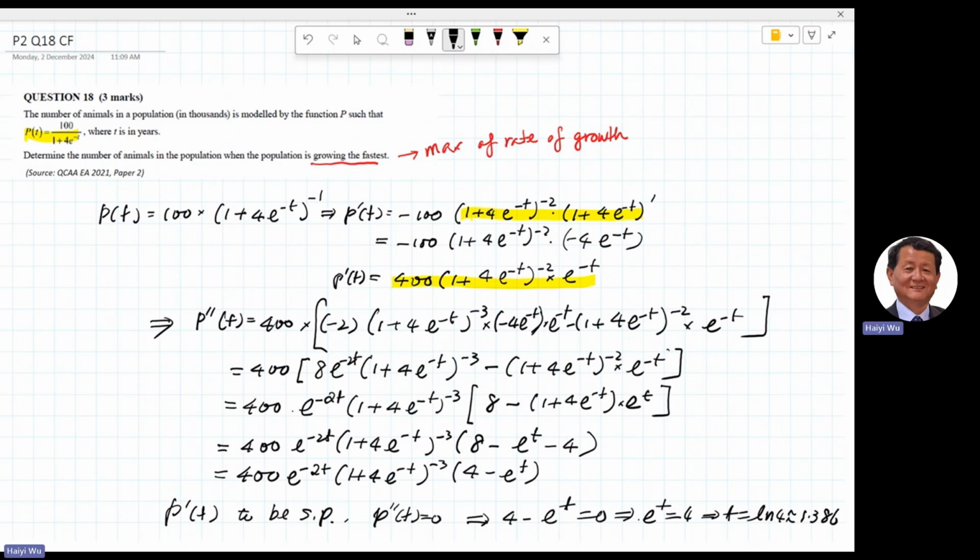In order to achieve the maximum of the rate of growth, we need to do another differentiation.